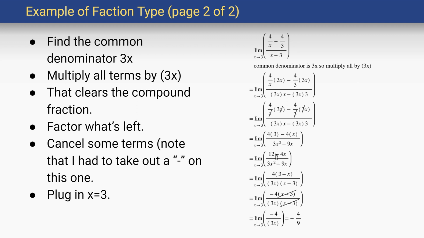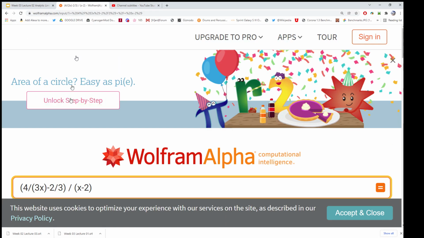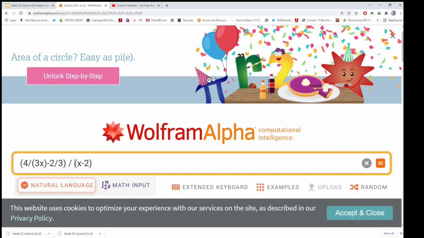Now, if you scroll down here a little bit, you'll see that I end up at negative 4 over 3x. And just to show you, if you go back to the original, if we look at Wolfram Alpha here, 4 over x minus 4 over 3, that's the numerator, over x minus 3.